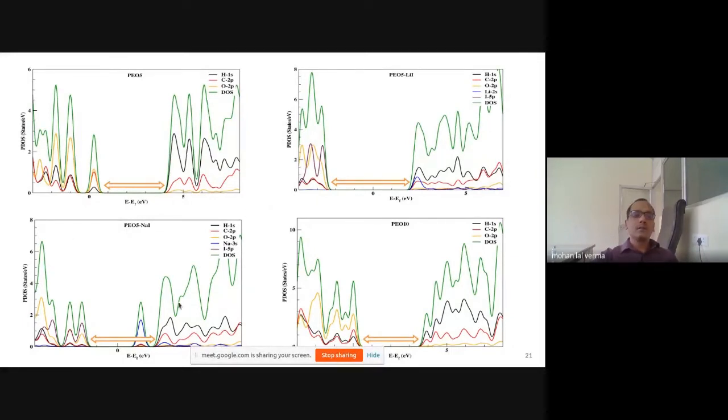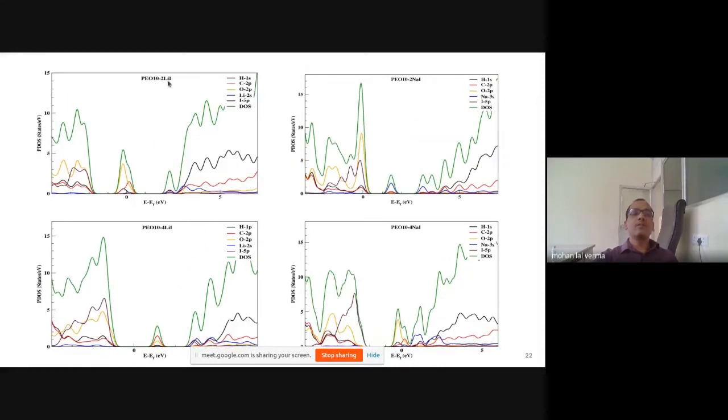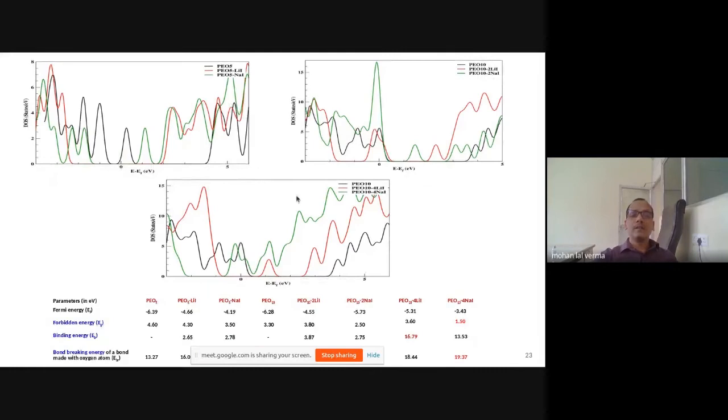This is the PO in the absence of salt, and in the presence of lithium salt, and in the presence of sodium for PO10. With PO10, these 2 lithiums and 2 sodiums are added, and the similar behavior, that the band gap is decreasing, is shown here.